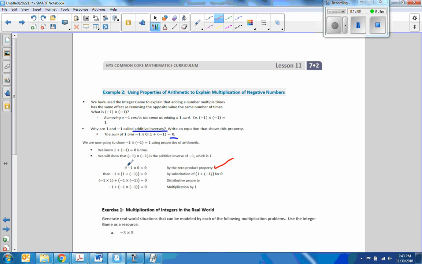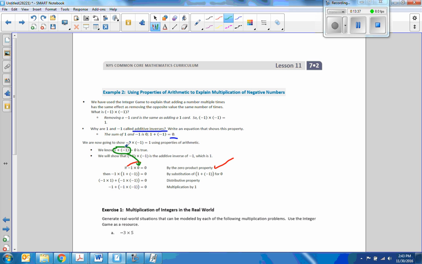So if, and I'm going to color code this value here, -1 times 0 equals 0, then -1 times 1 plus -1 equals 0. Because up here, we know 1 plus -1 equals 0. So I'm going to substitute in this 1 plus -1 in place of this 0 here.